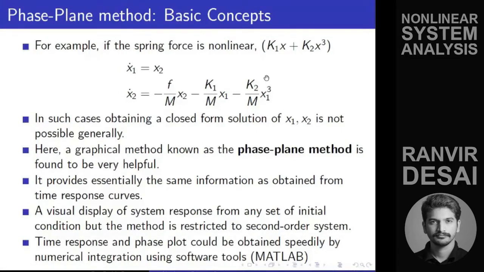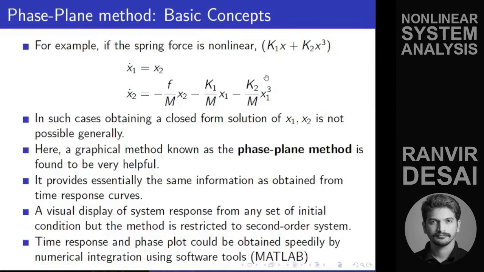See, the thing is that a phase plot is one state with respect to another state. It is not one state with respect to time, second state with respect to time, and so on. It is x1 versus x2. So if you go for x1 versus x2 versus x3, it would be a 3D plot, and we cannot draw a 3D plot easily.